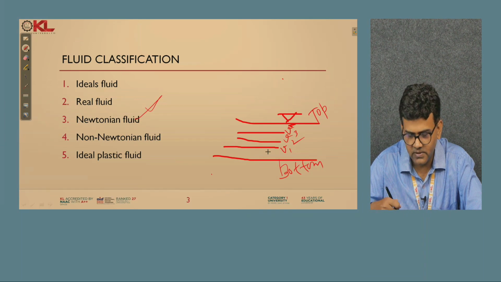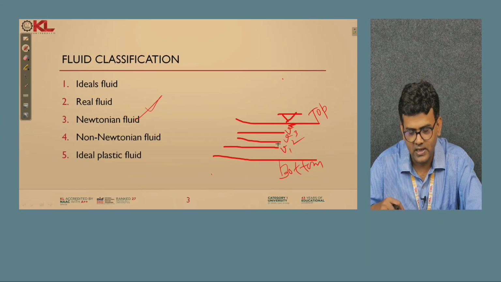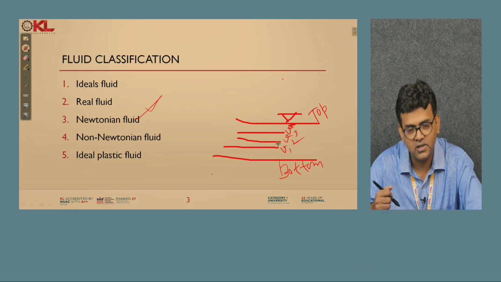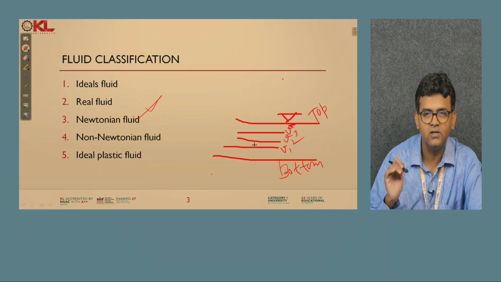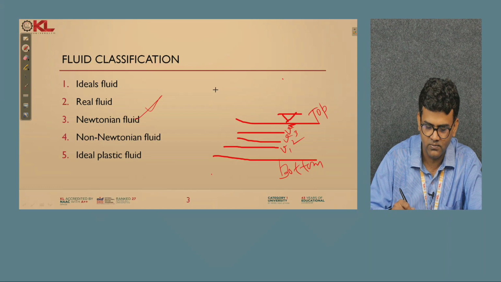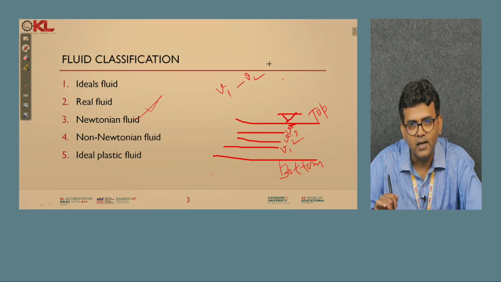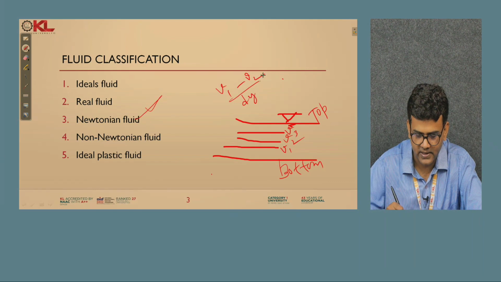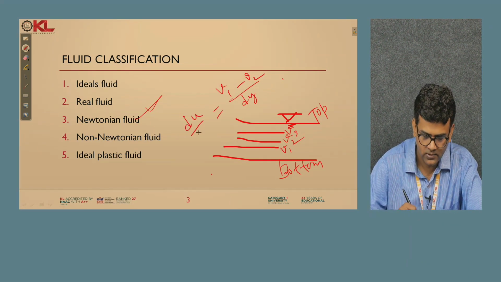Because of the change in the velocity, a velocity difference is created, and because of that the gradient comes into the picture. That's why it is called the velocity gradient. From one layer to the next, velocity changes from v1 to v2, and if the depth in between is dy, the change can be written as du over dy.